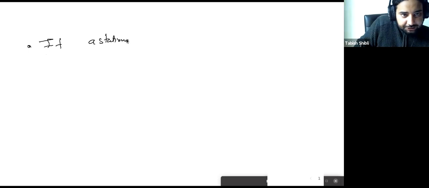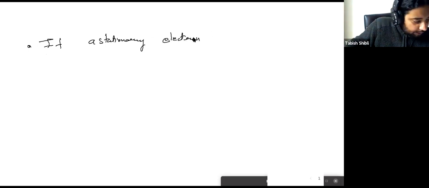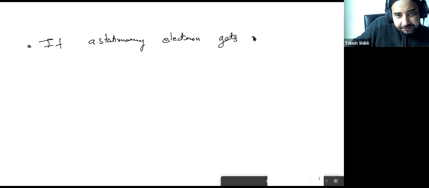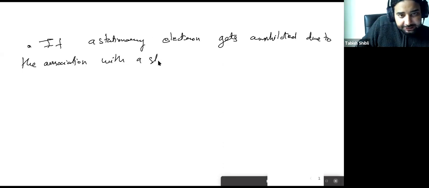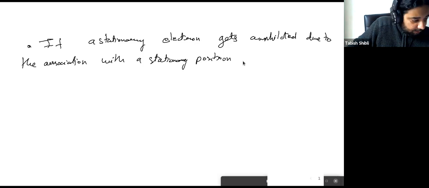If a stationary electron gets annihilated due to the association with a stationary positron, this is obviously hypothetically.